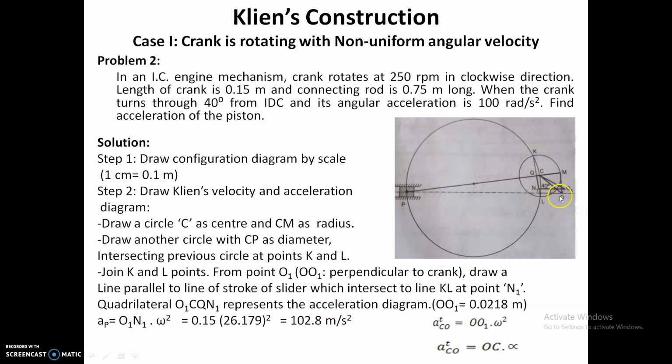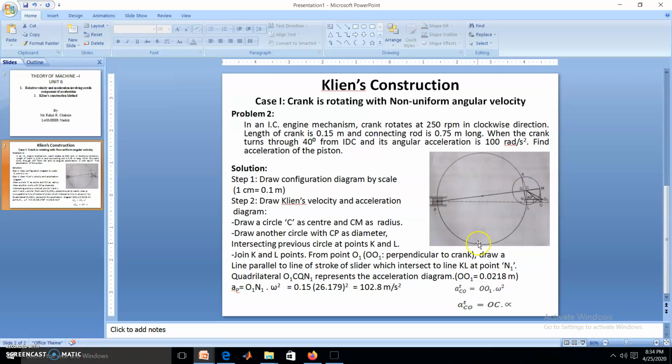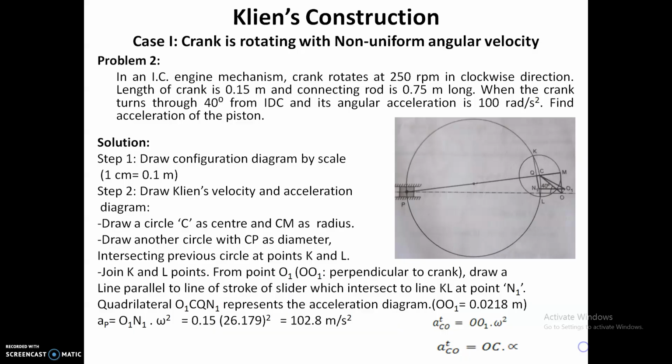When you draw the line from O1 parallel to the line of action of the slider, this line intersects the line KL at position N1. So N1 is the position where this parallel line drawn from O1 intersects the KL line.